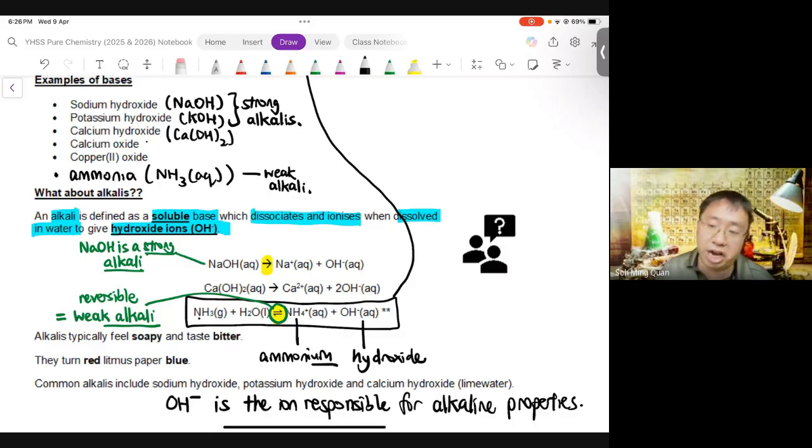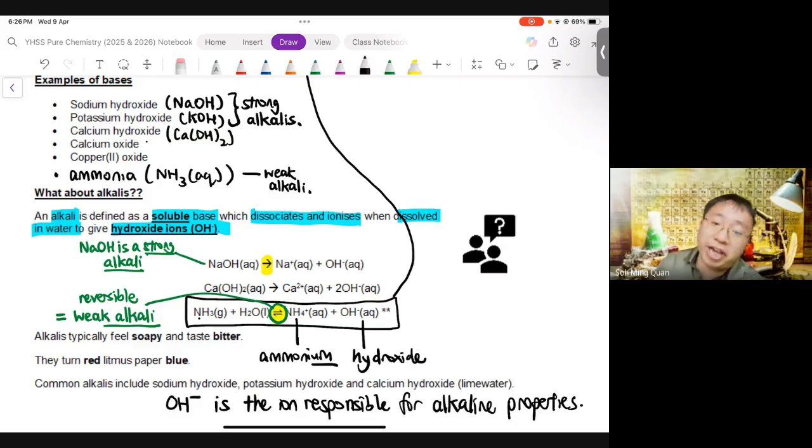If there is no OH minus, it will not turn moist red litmus paper blue. All the properties of alkalis are possible because there are hydroxide ions. Okay? So you must know the two ions: for acid, it is H+, for alkali, hydroxide, OH minus. All right?